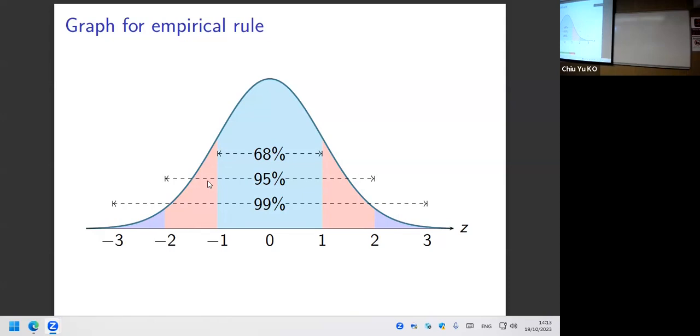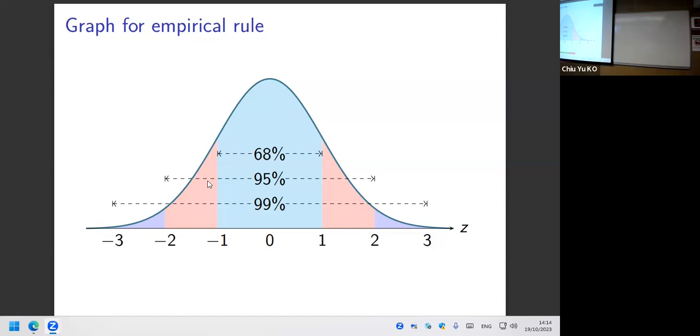Later you will see one of the important applications is called hypothesis testing, which says that since things within 2 SD are considered normal, 95%, if things are beyond 2 SD, then usually we call them exceptional. Suppose the average IQ in the population is 100. I think Hong Kong is a little bit higher, maybe 110.